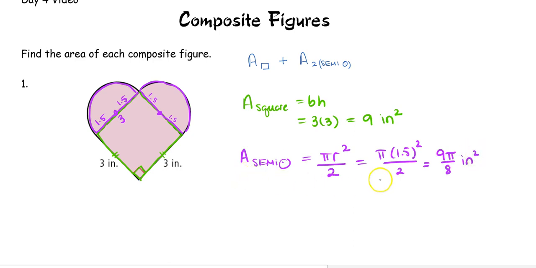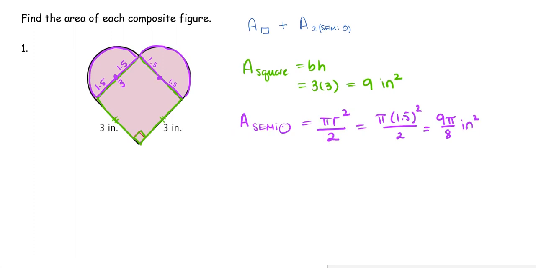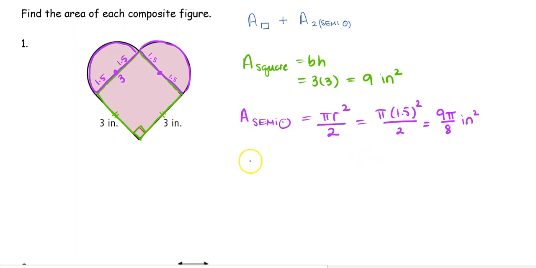Now remember, that's the area of my semicircle. That's half my circle. We have 2 semicircles.